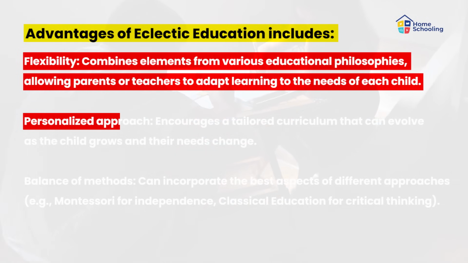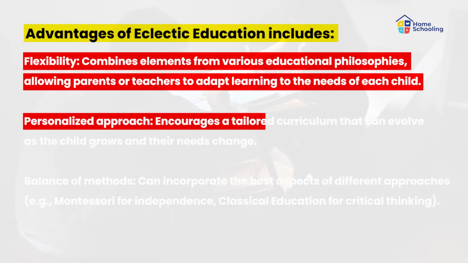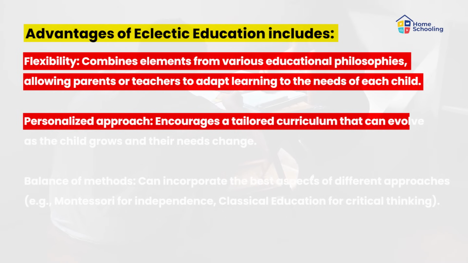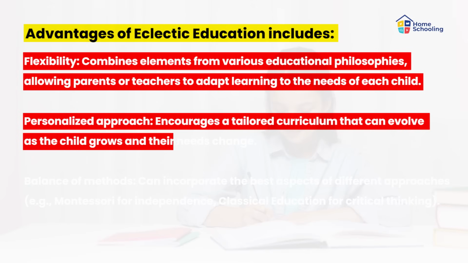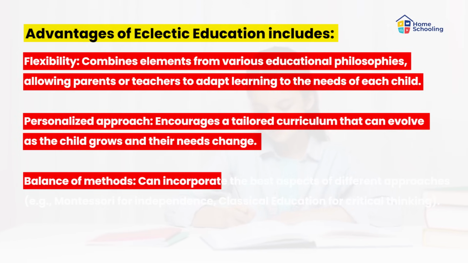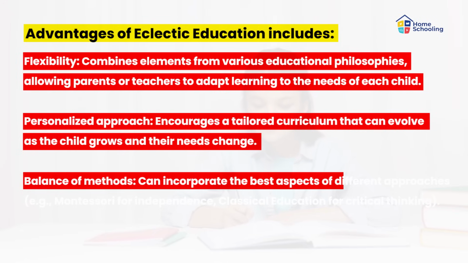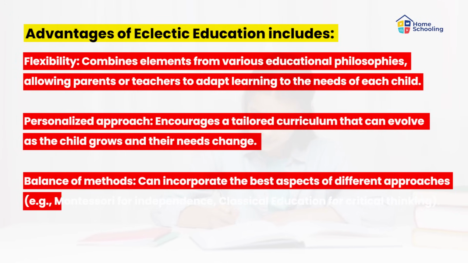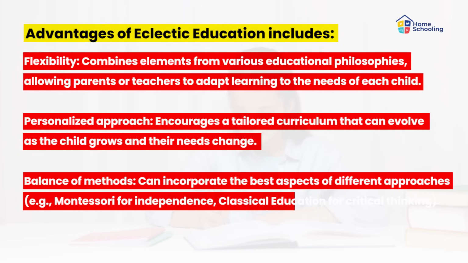Personalized approach encourages a tailored curriculum that can evolve as the child grows and their needs change. Balance of methods can incorporate the best aspects of different approaches. For example, Montessori for independence, classical education for critical thinking.